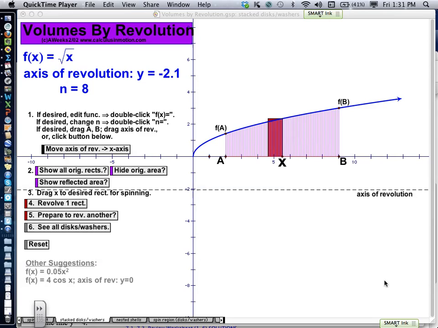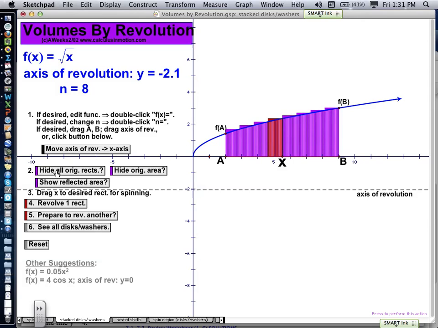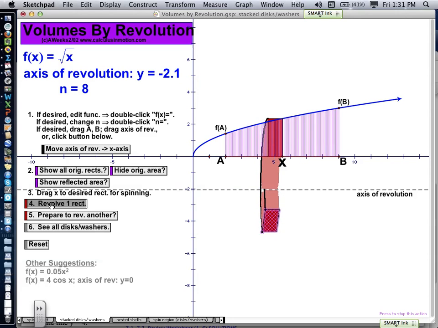So let's get back to volumes of revolution. Let's show the rectangles. There's our original rectangle. Let's just revolve that. Think about what 3D figure we get when we revolve that rectangle.